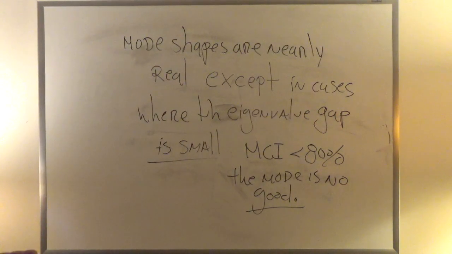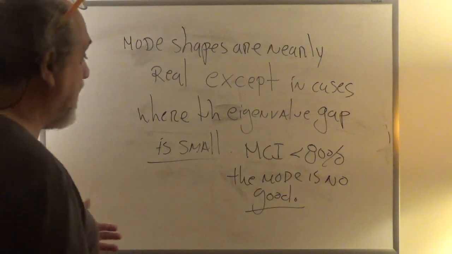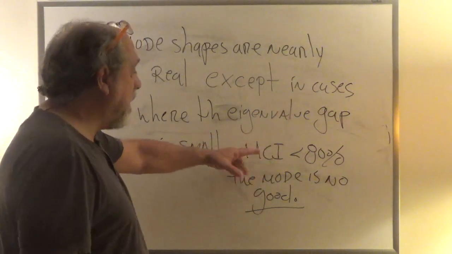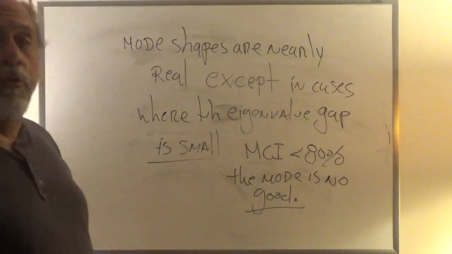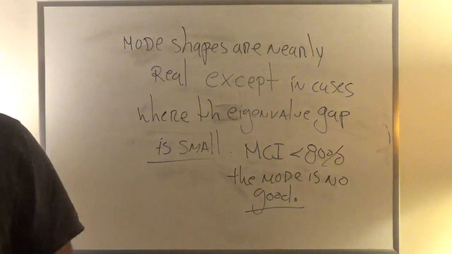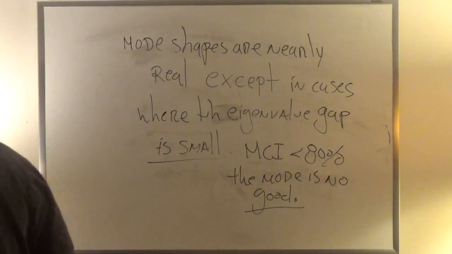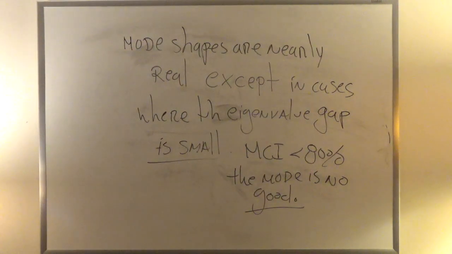So if you are dealing with a special situation, you cannot say a priori that the damping is small, or a priori that the MCI, model collinearity index, is large, because it could be small when two frequencies are close to each other. Okay, so that is as summarized as I can come up with.